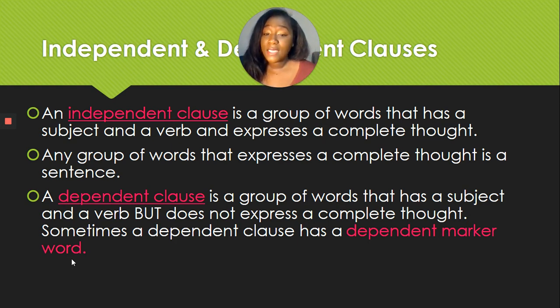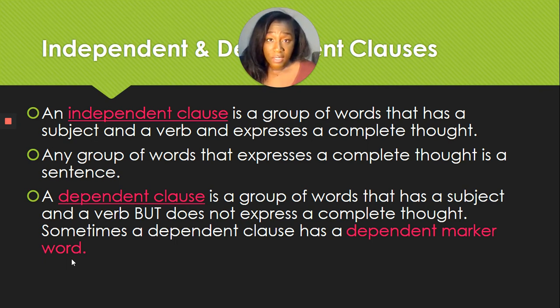Now, a dependent clause is a group of words that has a subject and a verb, but it doesn't really express a complete thought. It may be missing something. You may go, I'm not really quite sure what the what is here, or it may be really fuzzy. It may sound like a complete sentence when you say it aloud, but in conversation, if you were talking to someone, they may ask you a follow-up to figure out what exactly is happening.